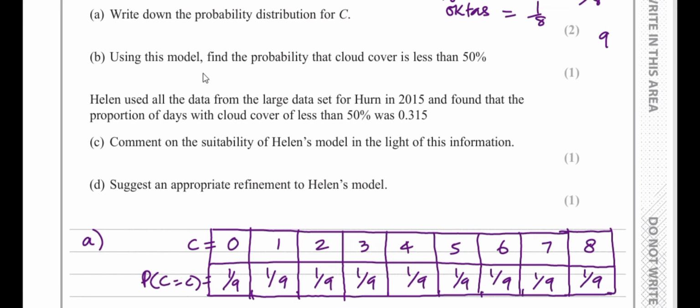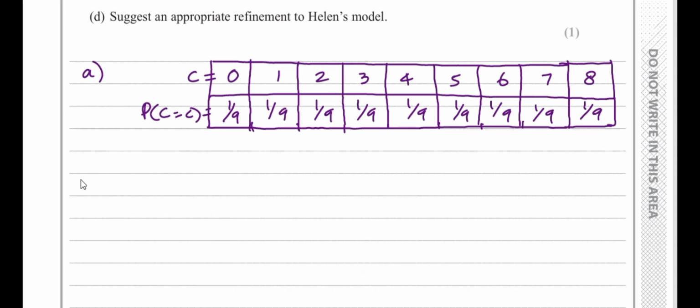Part B. Using this model, find the probability that cloud cover is less than 50%. Cloud cover is less than 50% means you have to look at all the probabilities for less than 50% of this. If the cloud was fully covered, it would have been 8 out of 8.